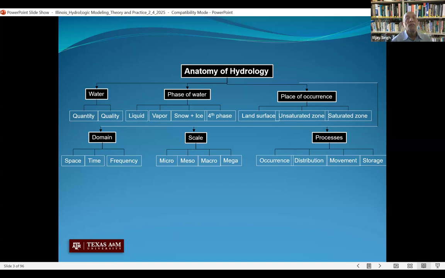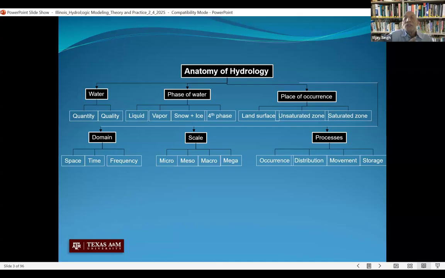And really, these two aspects cannot be separated from each other. They should be treated in tandem. And of course, there are four phases of water, even though normally we discuss three phases, liquid, vapor, and snow, which is liquid, gaseous, and solid. But there is also a fourth phase.